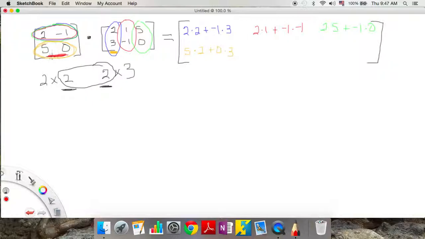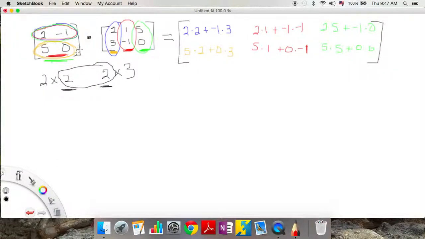So if we have this one with this one, we have 5 times 1 plus 0 times -1. And then if we want the second row, third column, we'll have 5 times 5 plus 0 times 0.